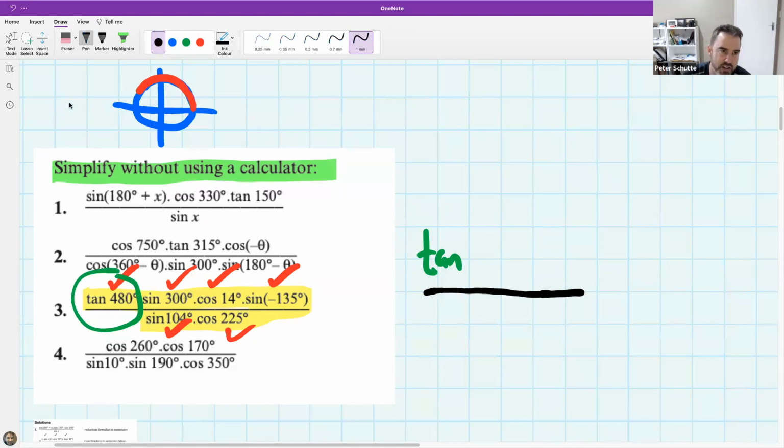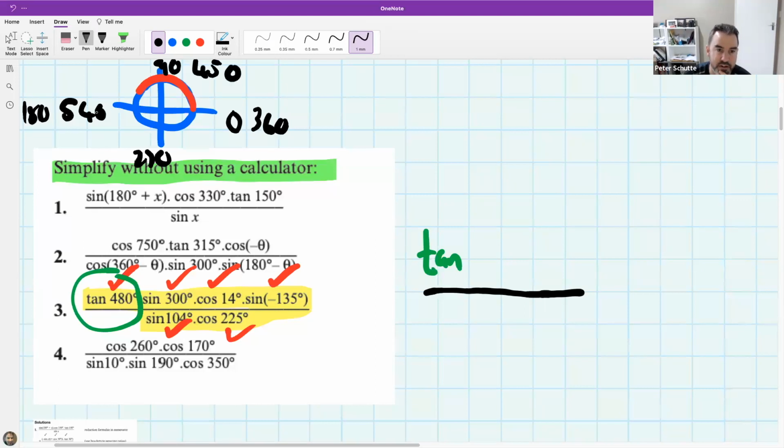The nearest horizontal is actually 540. If you think about going 0, 90, 180, 270, 360, 450, 540. So if I really wanted to be technical, I would go 540 minus 60.